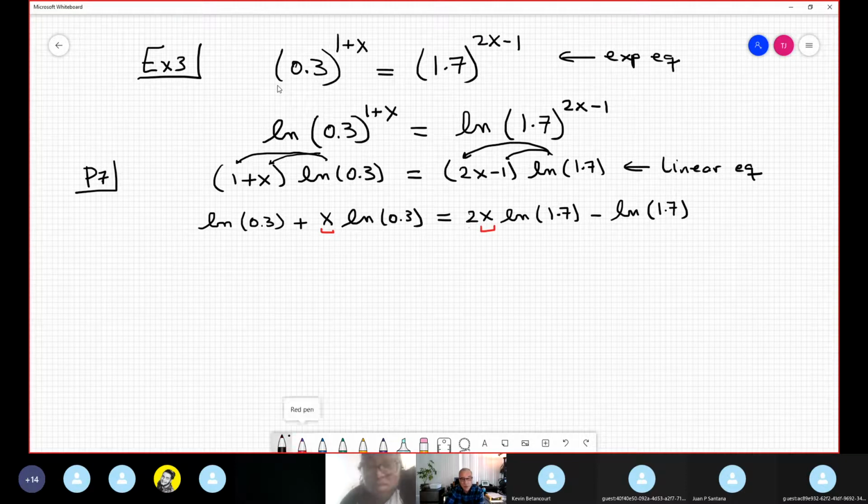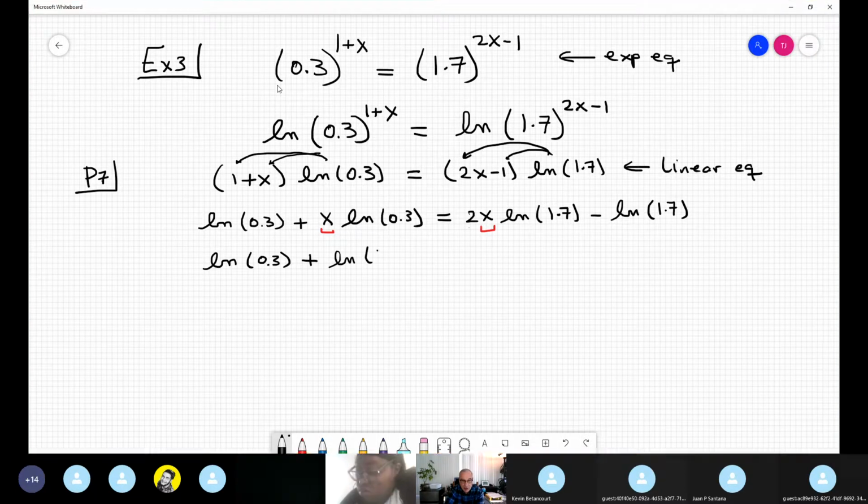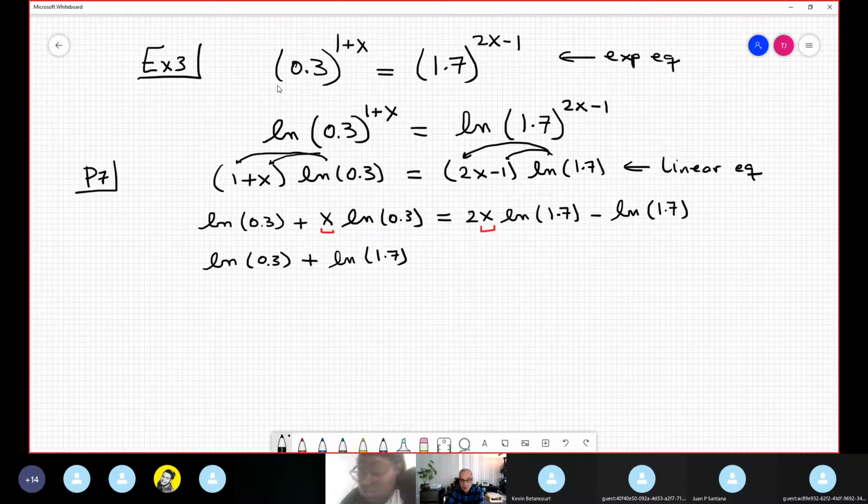Therefore, I propose, for example, there are many ways to do that. This logarithm does not contain x, I leave here on the left-hand side, plus ln 1.7 I bring to the left. Look, this I bring to the left. This no, this stays in the right-hand side, and this I bring to the right-hand side.